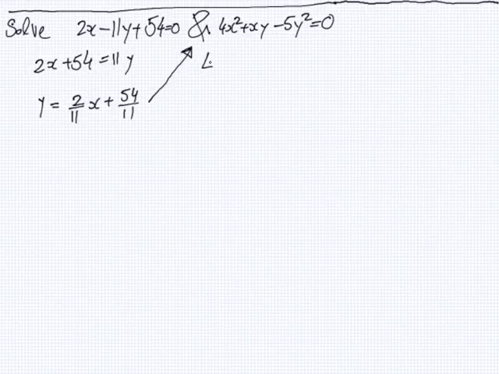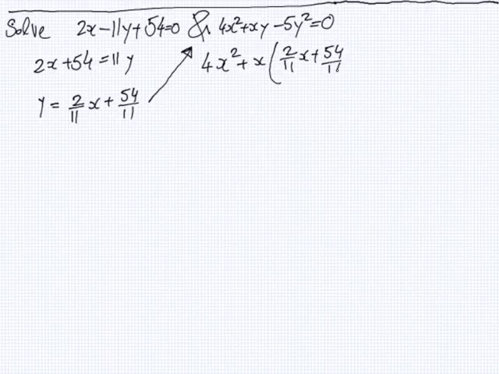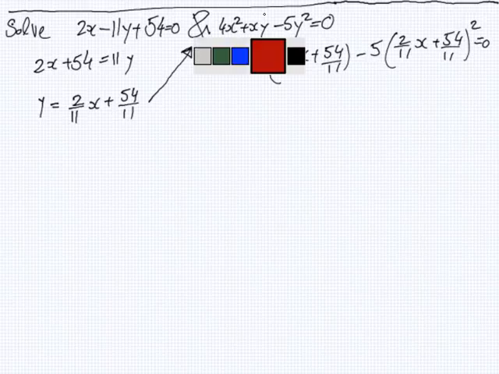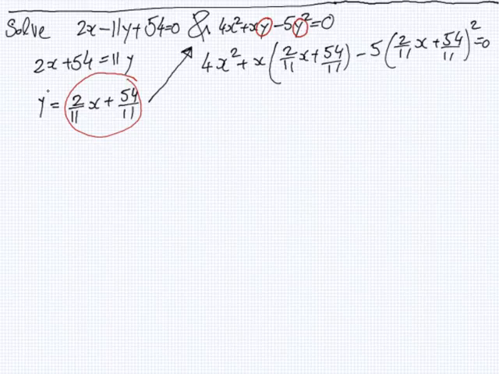We get 4x squared plus xy minus 5y squared equals 0. So I replaced this one and this one with this because this equals y.